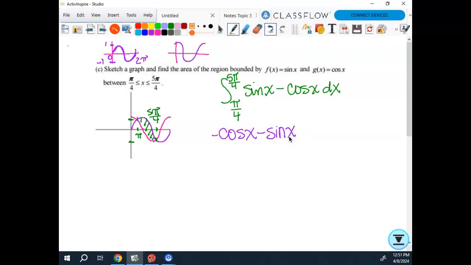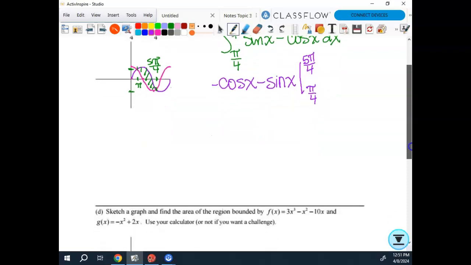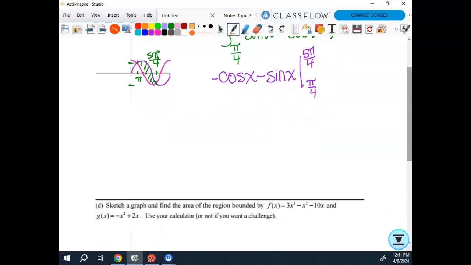Okay. And then I integrate from pi fourths to 5 pi fourths. Evaluate. I'm sorry. Evaluate. So, and you can look from this graph right here.